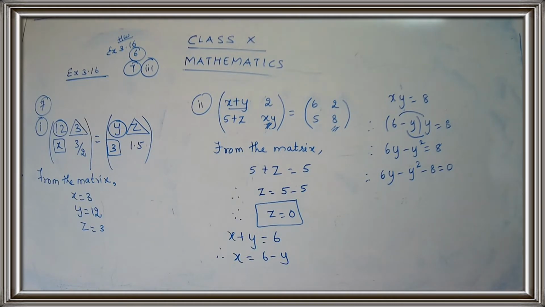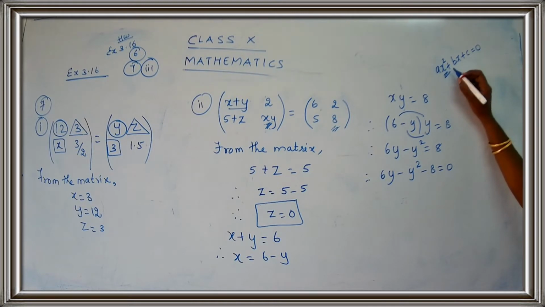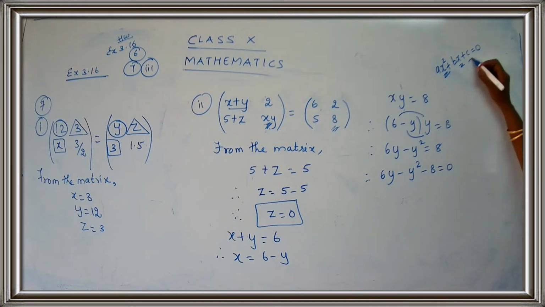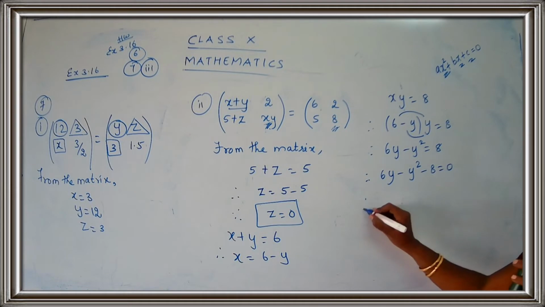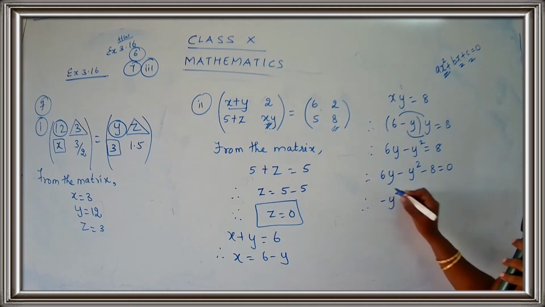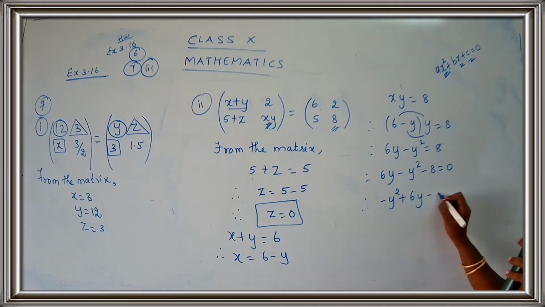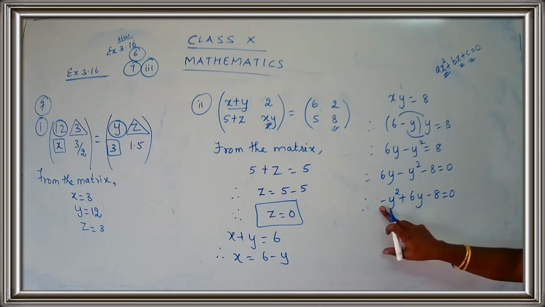And whenever you write a quadratic equation, you know the form of a quadratic equation is ax square plus bx plus c is equal to 0. That means you have to write the x square term first, then the x term, and then the constant term. So you get minus y square plus 6y minus 8 is equal to 0. I don't want the first term to be negative.